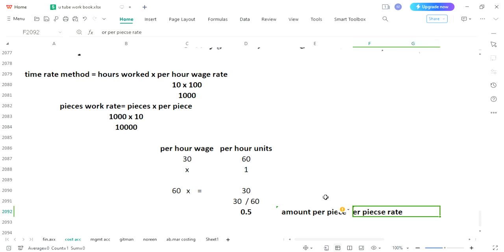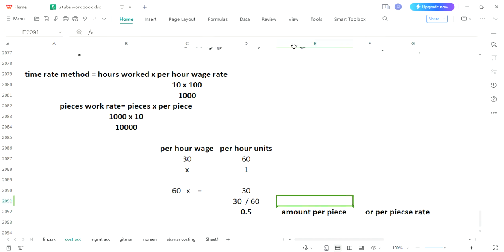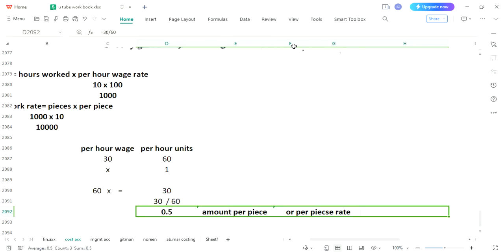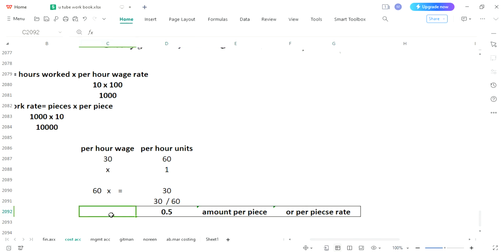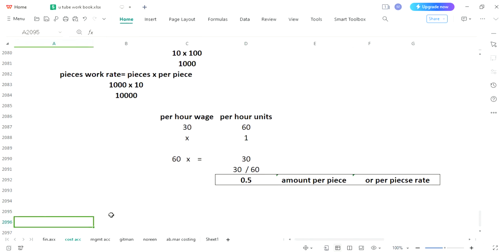Now if one standard has been maintained, let's see what other standard can also be maintained. Please note it down. We have calculated the per piece rate, and it would play a very essential and important role for the solution at the next step.